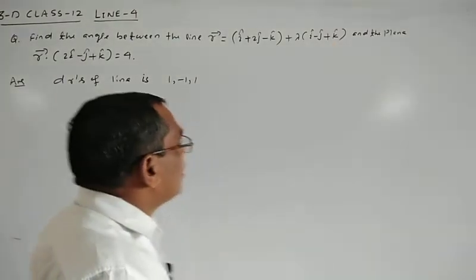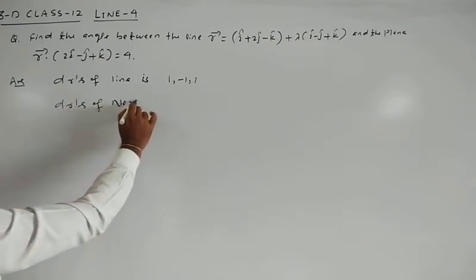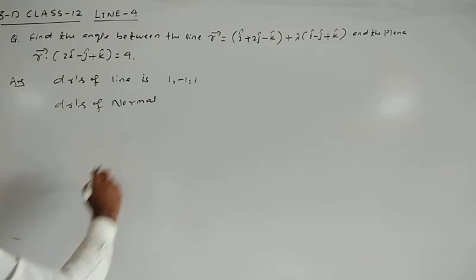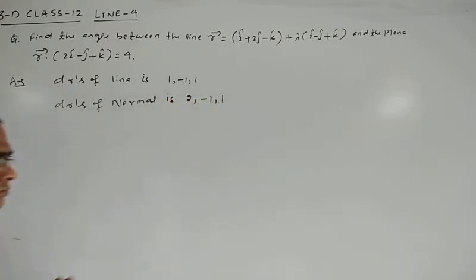And this is equal to n vector. So the direction ratio of normal is 2, minus 1, 1.